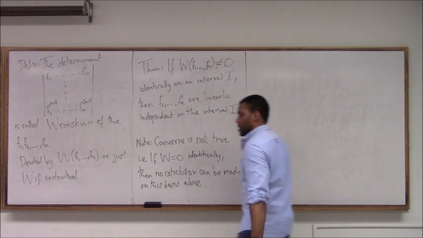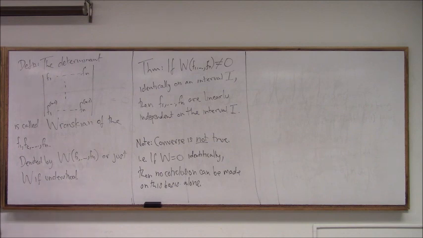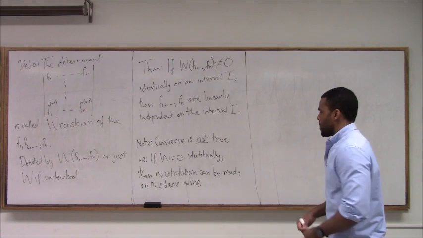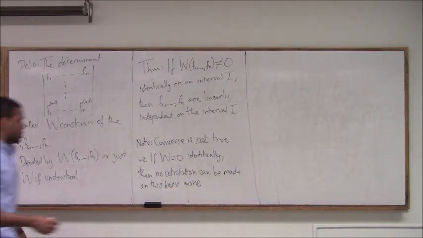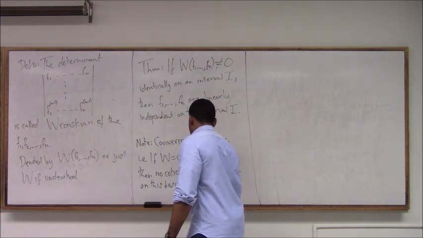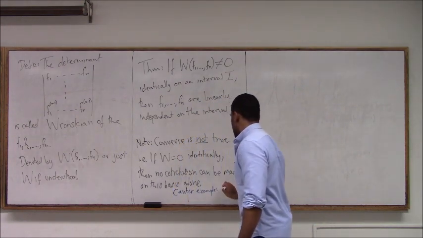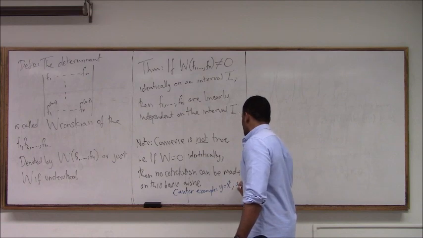The counterexample to this was developed by Peano, the same guy who came up with the Peano axioms to define the natural numbers. I believe the functions he used were y equals x squared and y equals x times the absolute value of x.